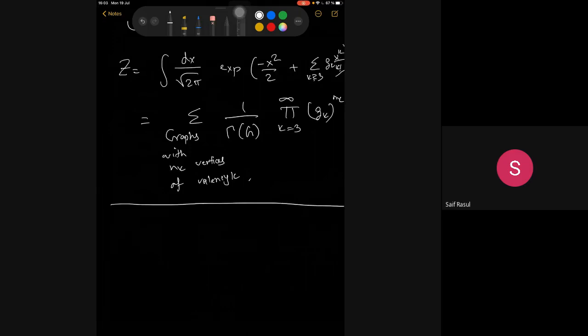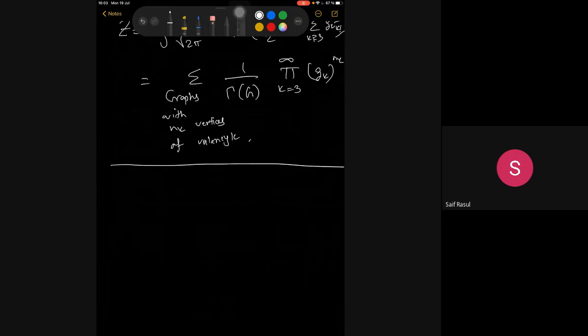Let's say I have a blue vertex that has 3 hands and a red vertex that also has 3 hands. And let's say yellow is the one connecting. So what I say is only red and blue can connect, not red with itself.